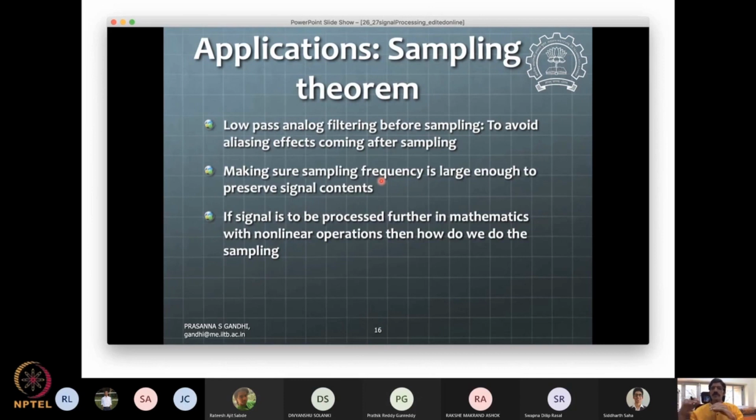So that slope is what is going to cause some of the higher frequencies also to come through beyond cutoff. Those frequencies will get represented.